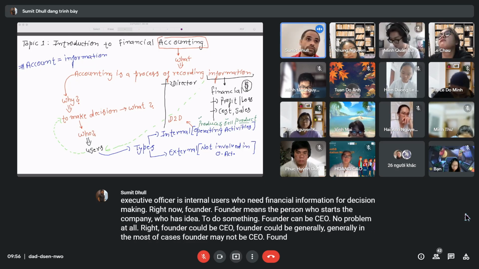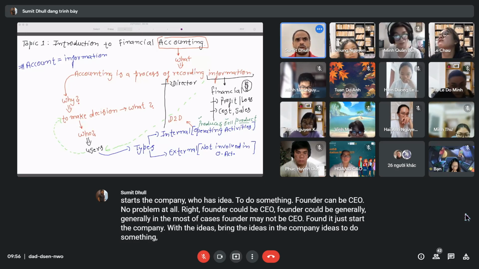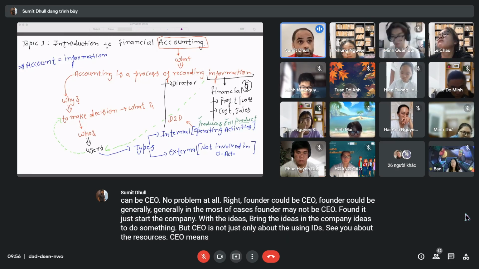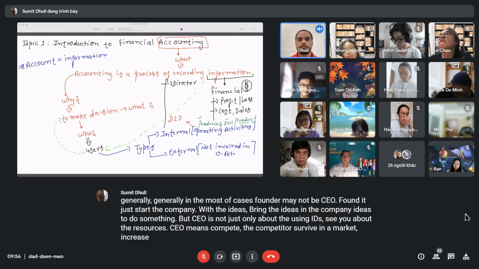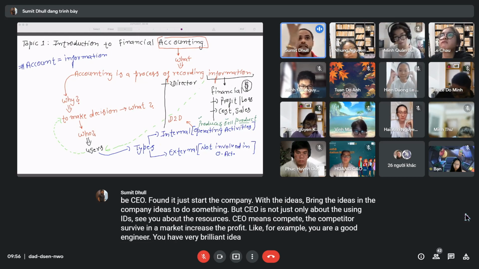Founder just starts the company with the ideas, brings the ideas in the company, ideas to do something. But CEO is not just about using ideas. CEO is about the resources. CEO means compete with the competitor, survive in a market, increase the profit. For example, if you are a good engineer, you have a very brilliant idea to produce a unique product.